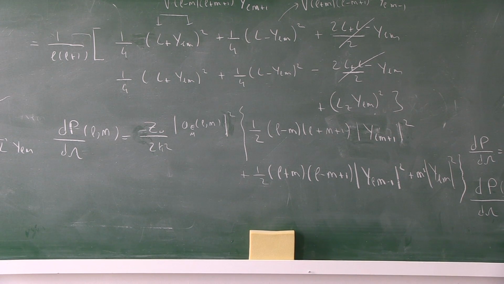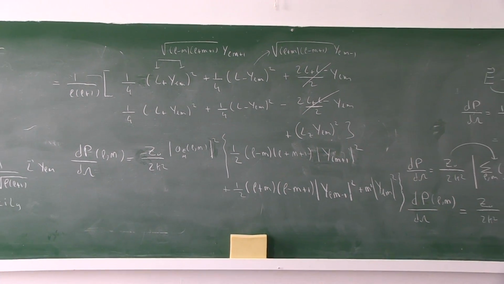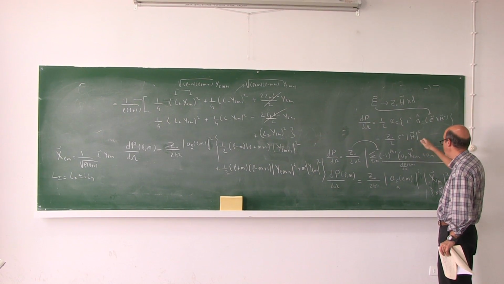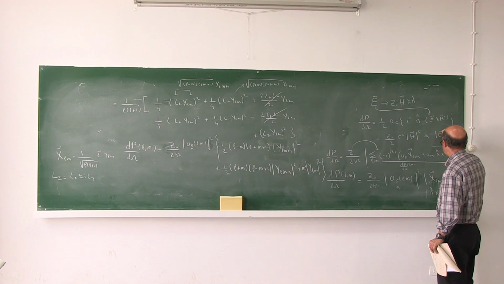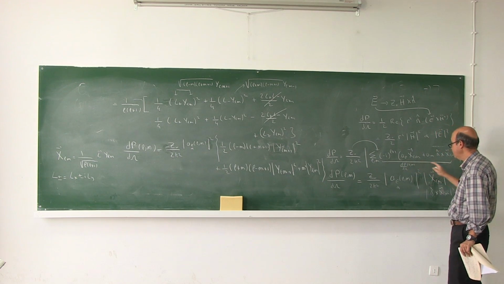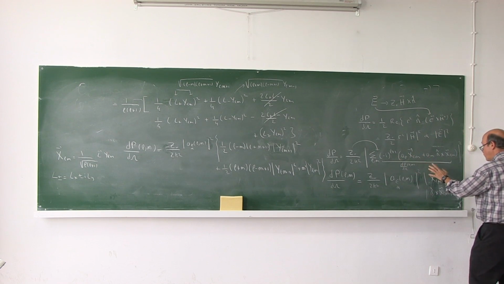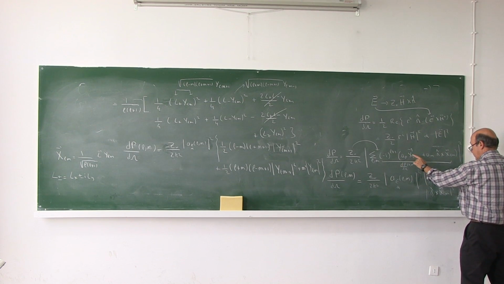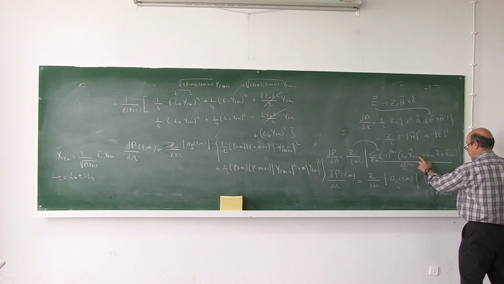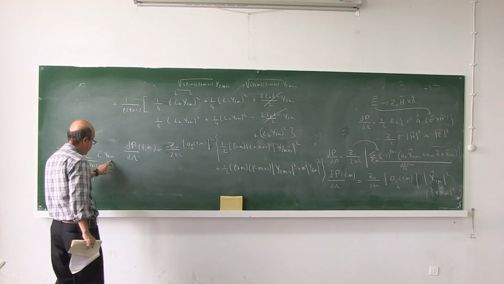What we did, we said that the electric field, H, and the propagation direction will be mutually orthogonal to each other. Power emitted per solid angle should be related to the square of the H field, or to the electric field squared. And if you plug in the H at the far field zone, you have two possibilities: transverse electric and transverse magnetic. In both cases, they are related to some unknown coefficient times the square of the magnitude of X_LM. And X_LM could be written in terms of the L operator acting on Y_LM.